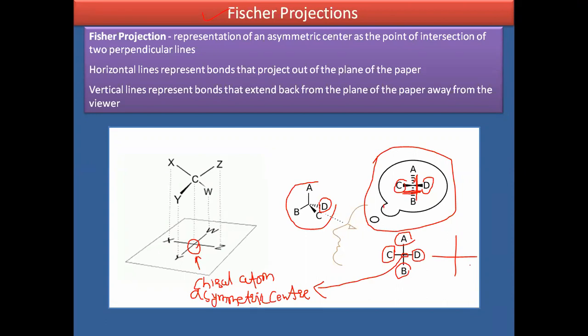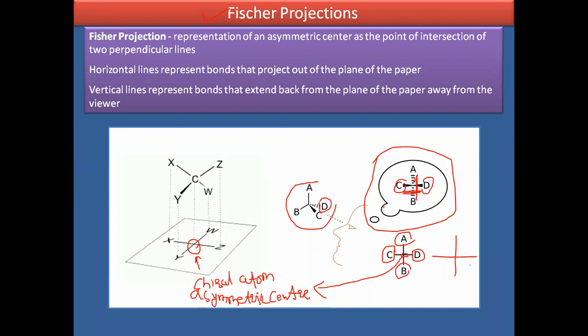Whatever atoms are present on horizontal lines are projected out of the plane of the paper. Means while the observer sees the particular structure, they look towards the observer's side. Whatever groups or atoms are present in horizontal lines project out of the plane of the paper.